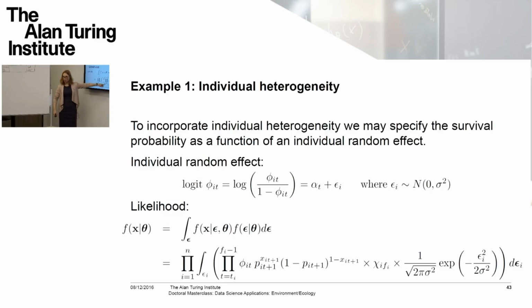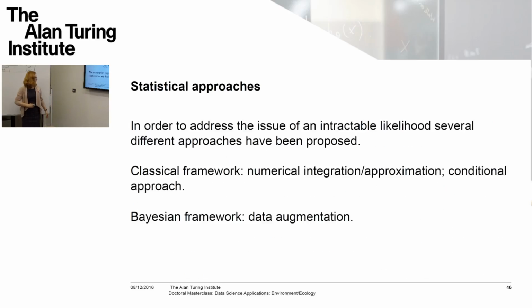So we've got a one-dimensional integral, which means we can use simple mathematical tools to do a numerical integration approximation to that integral. Think of the trapezium rule: if you've got to do an area under a curve, we could do a trapezium rule. We can do a similar thing here. It's only one dimension, so we could use something like Gaussian quadrature. In the Bayesian framework, we can do something slightly different.